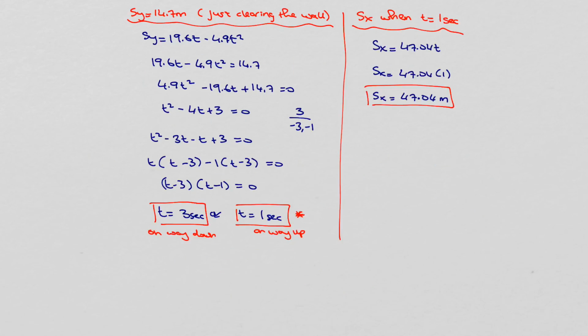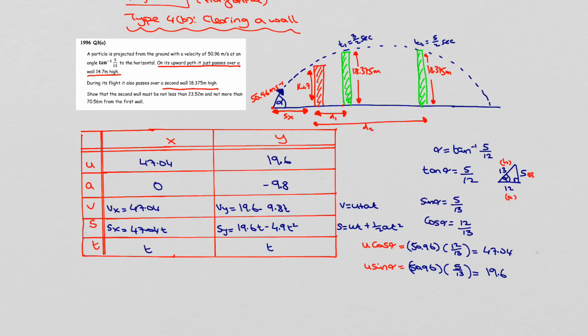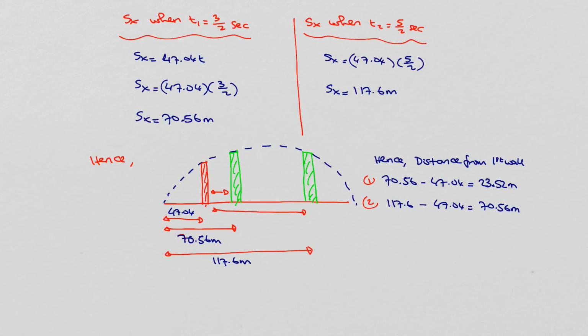And if we go back to the start of the question, it says, show that the second wall must not be less than 23.52 meters and not more than 70.56 meters from the first wall. So we would just conclude with that in our answer. So, end of question.